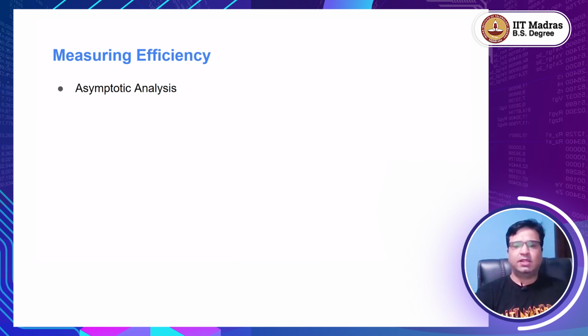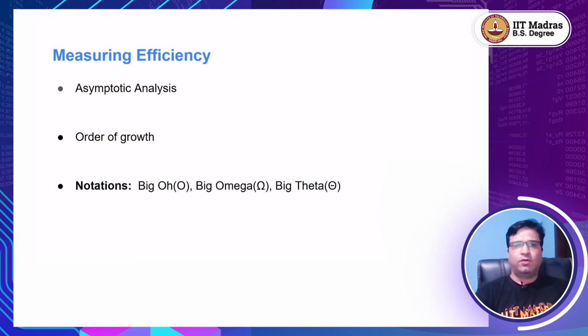We are interested in the growth rate of the algorithm's resource use. We don't focus on exact operation counts because those can be complex and hardware dependent. Instead, we look at the order of growth. We use some notations to represent efficiency or complexity: big O, big omega, and big theta.